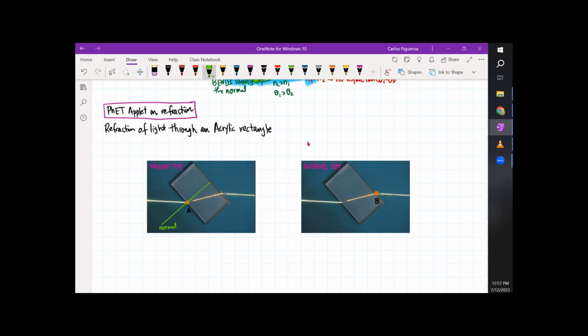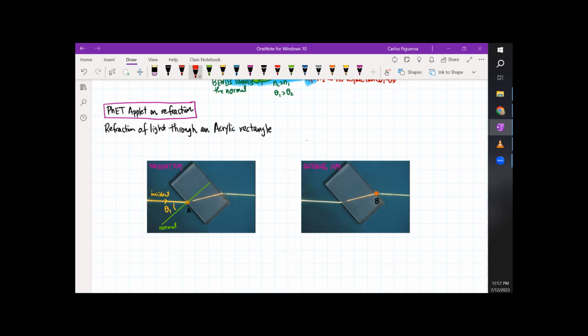Okay, so right here, that's my normal. Now what I'm going to do here is follow my ray. So my ray is coming in. Okay, here comes my ray. I have my incident ray. And because that's the normal, this is the angle theta 1 that I would have to measure.